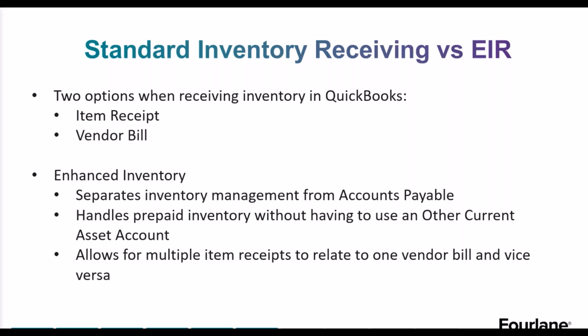With enhanced inventory receiving, this feature works to keep those areas completely separate and independent of each other. It will include inventory management being handled solely by an item receipt and accounts payable, or our vendor payables, being handled solely by our bill entry.